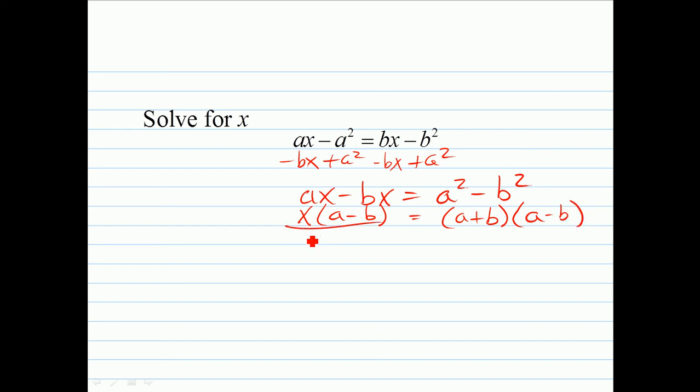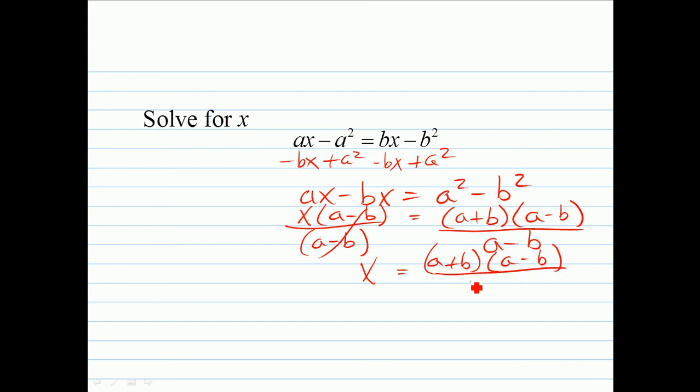After that, I divide this side by a minus b and divide this side by a minus b. That cancels. I'm left with x equals a plus b times a minus b over a minus b, right?